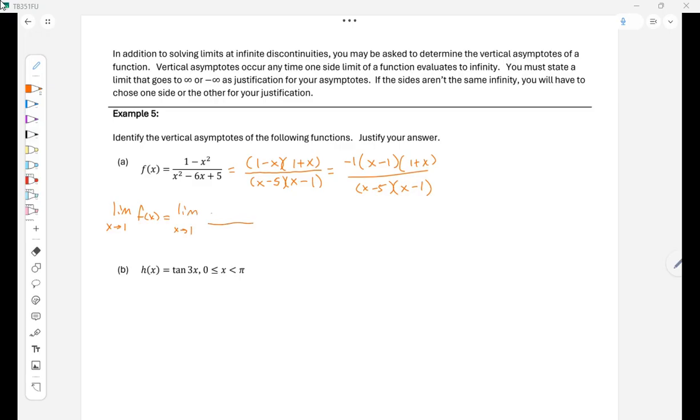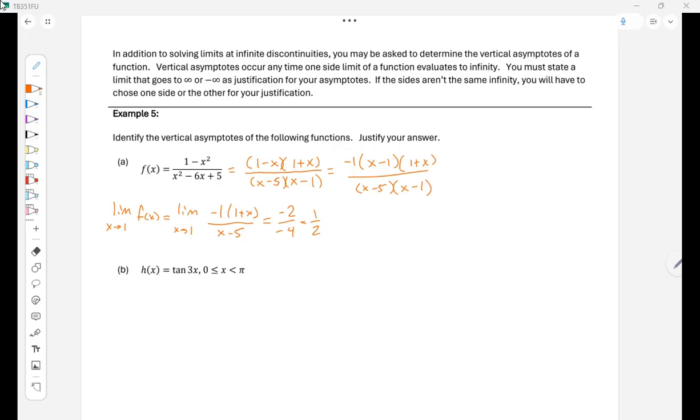I'm going to write everything except for those x minus 1 terms: -1 times 1 plus x over x minus 5. So what I've done there is I've canceled these guys, and I've written everything else. And then we will get -1 times 2 in the numerator and -4 in the denominator. That's 1/2.